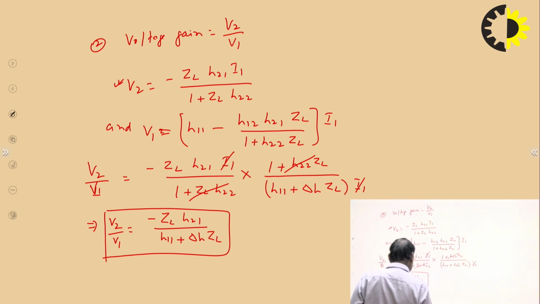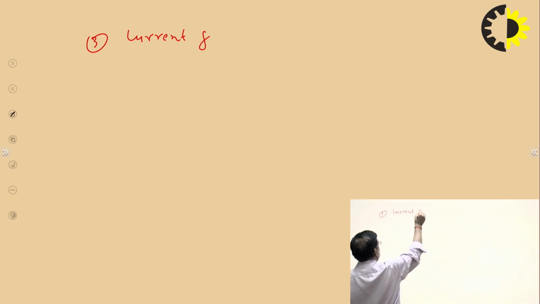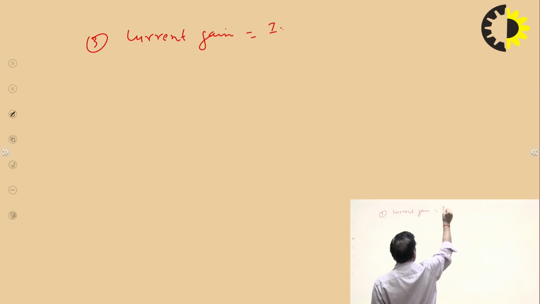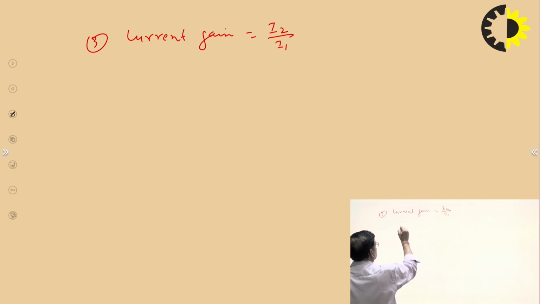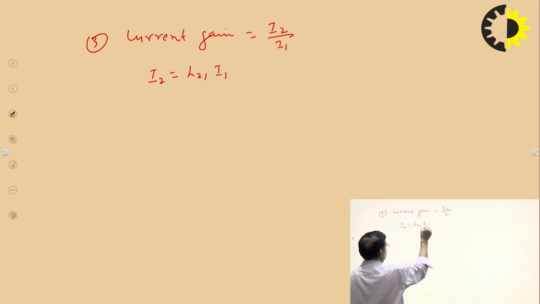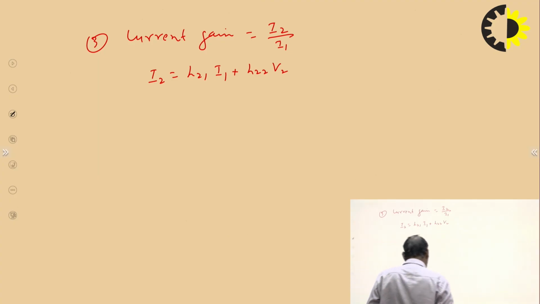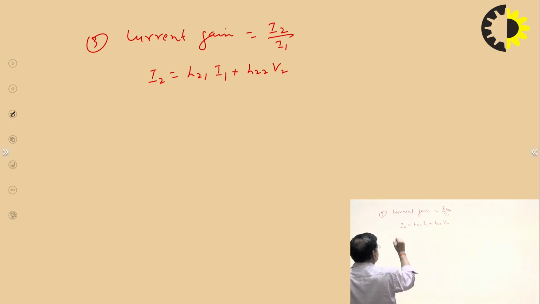Now similarly we can get the current gain. So third is current gain. Current gain is equal to I2 upon I1. So I2 is H21 I1 plus H22 V2, and we also have V2.